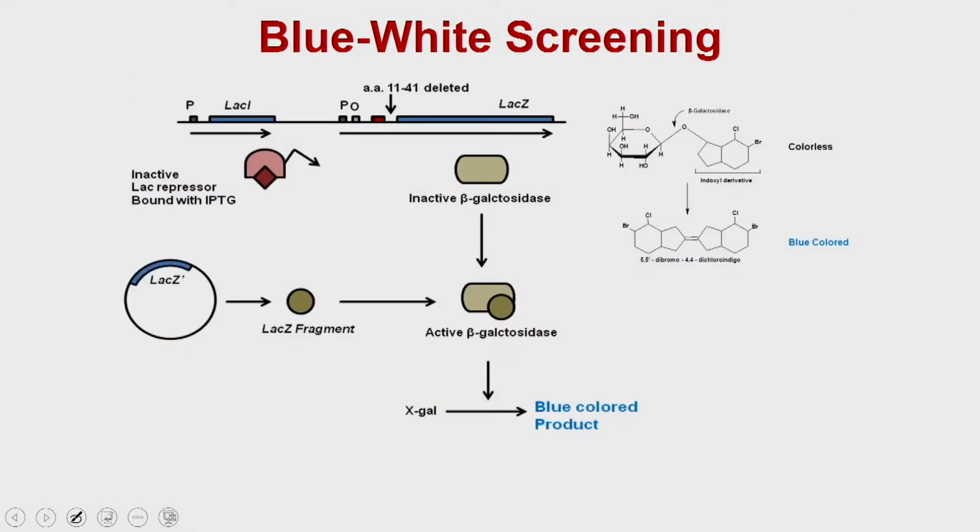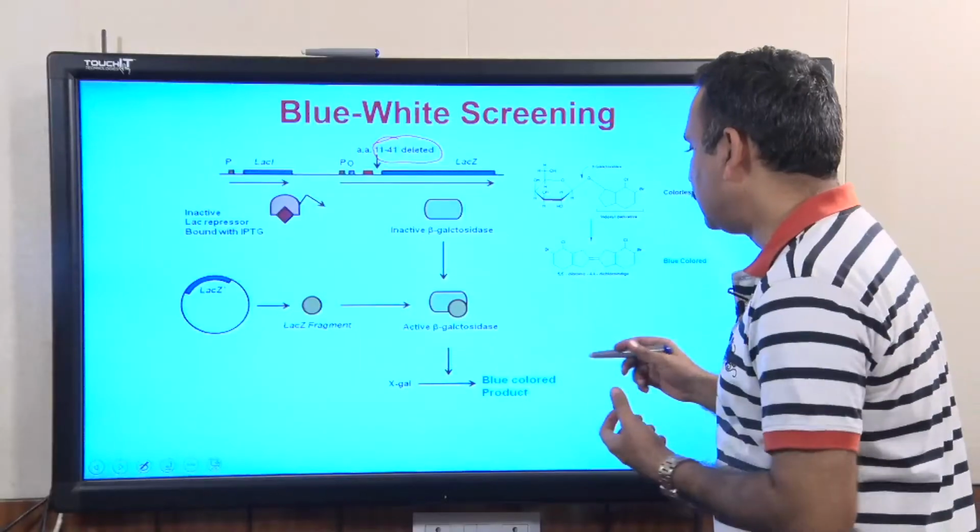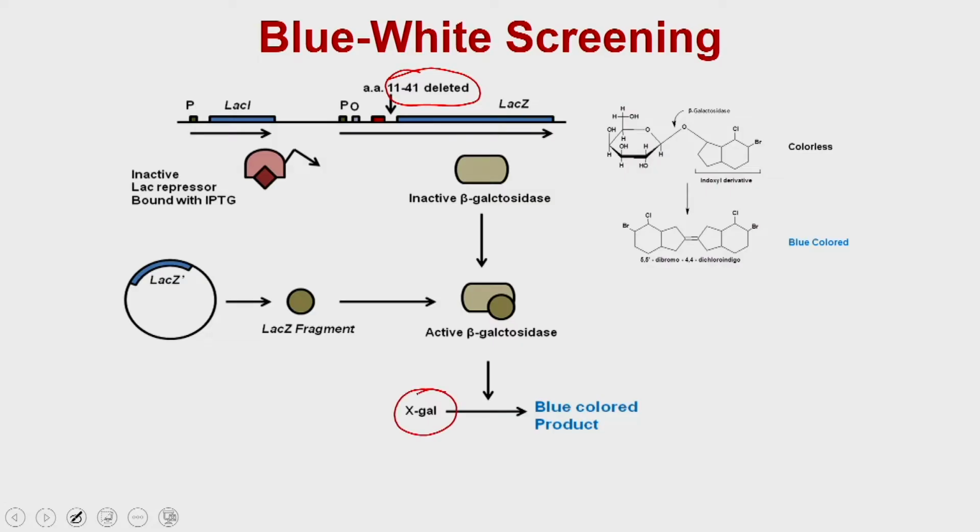So, what it is saying is that you have this 11 to 41 part missing, and this part can be supplied by the vector. In a typical scenario, if you transform the vector alone, the vector is going to give you the functionally active protein, and that is how the X-gal is going to be processed to a blue color compound.